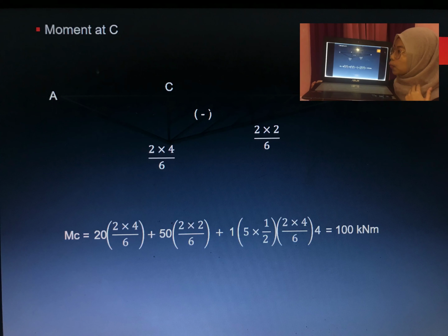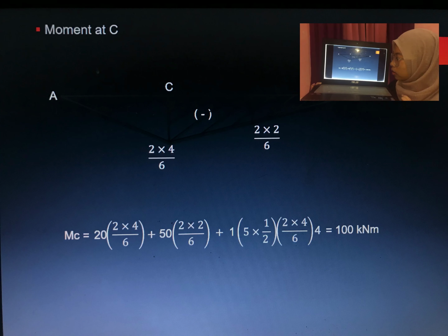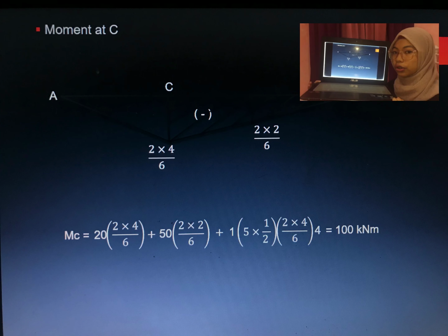Next, we will find moment at C. Moment C equals 20 times 2 times 4/6 plus 15 times 2 times 2/6 plus 15 times 1/2 times 2 times 4/6 times 4, equals 100 kilonewton meter.